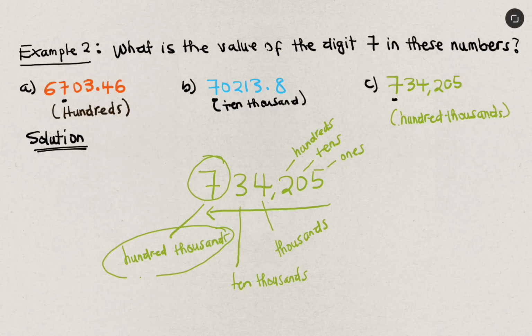Okay, so I believe this helps you explain the difference between giving a place value to a number and a number that has a dot or a decimal point inside. So if the number has a dot or a decimal point inside, for instance in example B, the number before the dot is the one that has the place value.